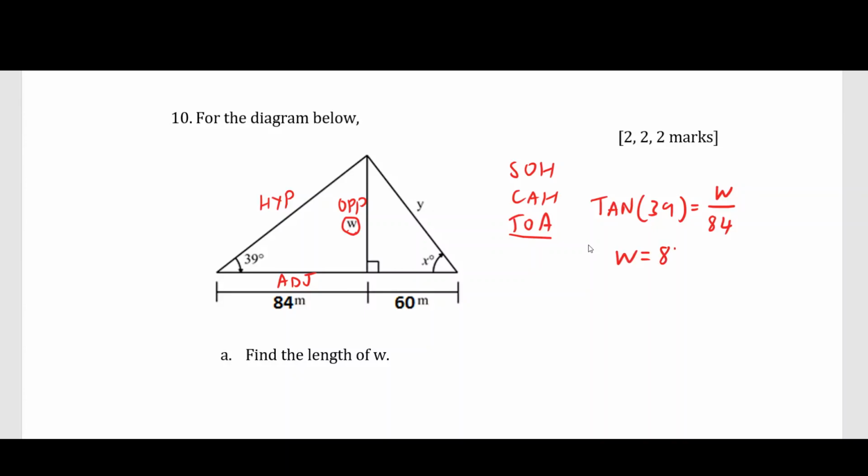So W equals 84 times by the tan of 39, which is 68.02 meters. That's W. W equals 68.02 meters.